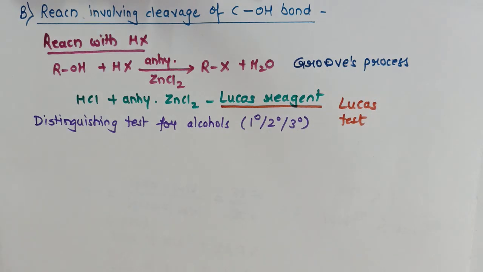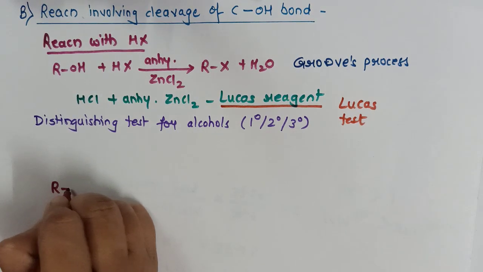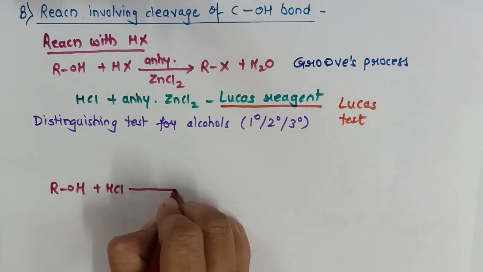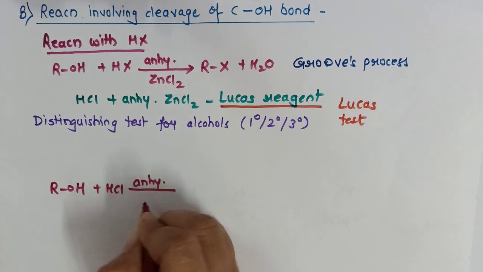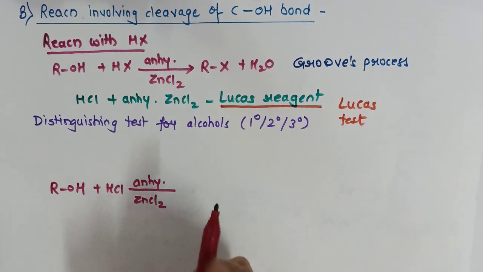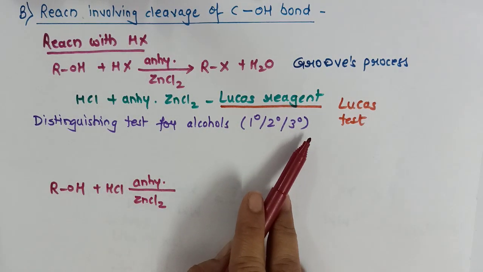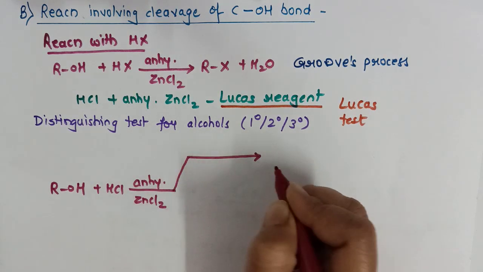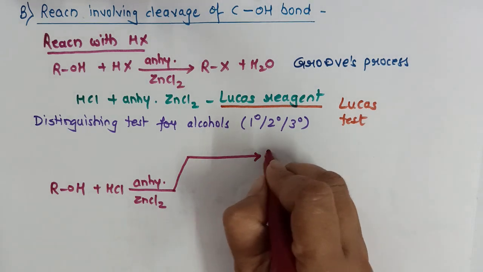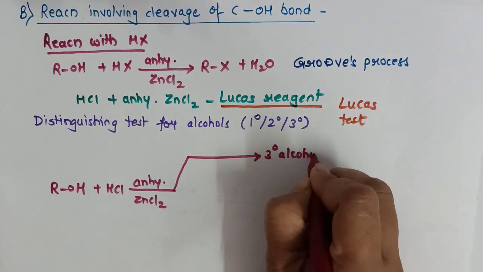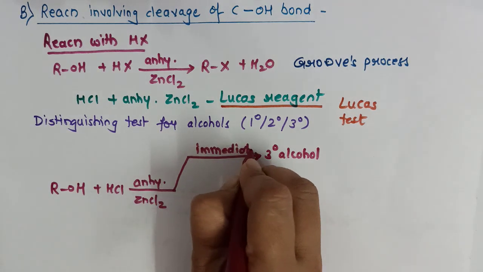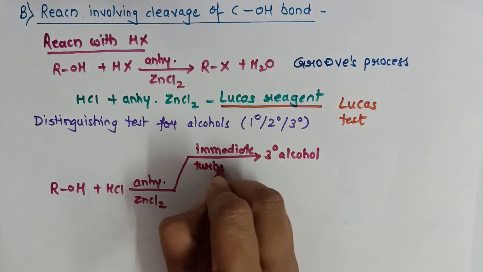So, if any alcohol is treated with HCl in presence of anhydrous ZnCl2, with 1 degree, 2 degree and 3 degree, it will show different types of reaction. If it is a 3 degree alcohol, then immediately turbidity will be seen in the test tube.